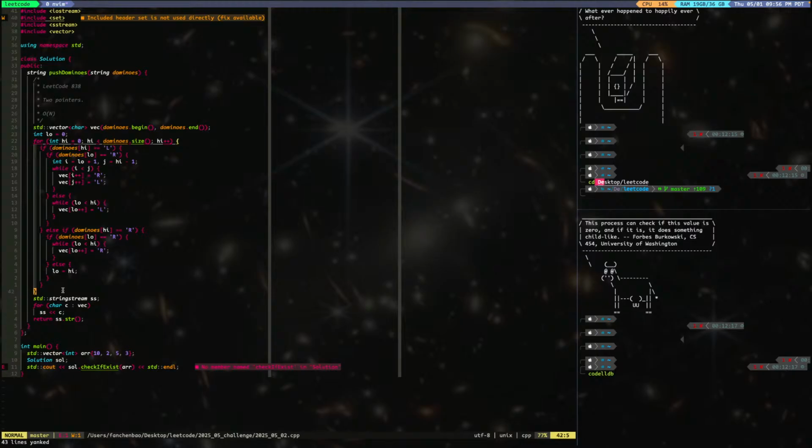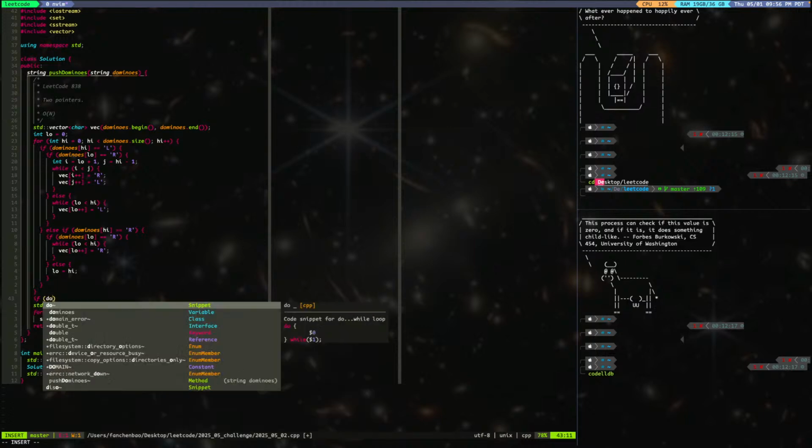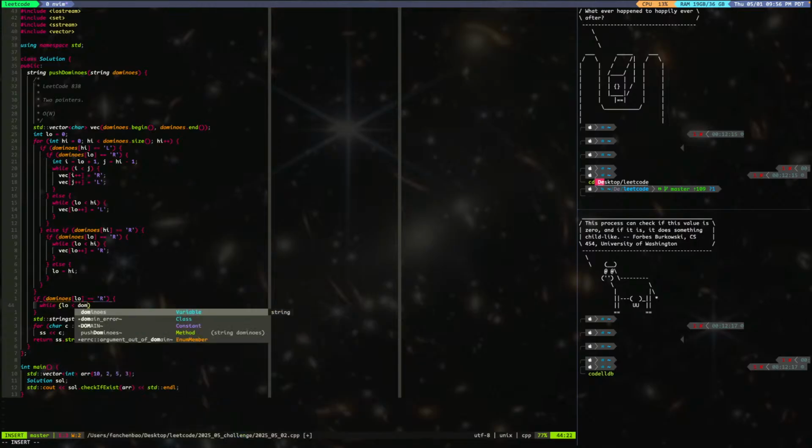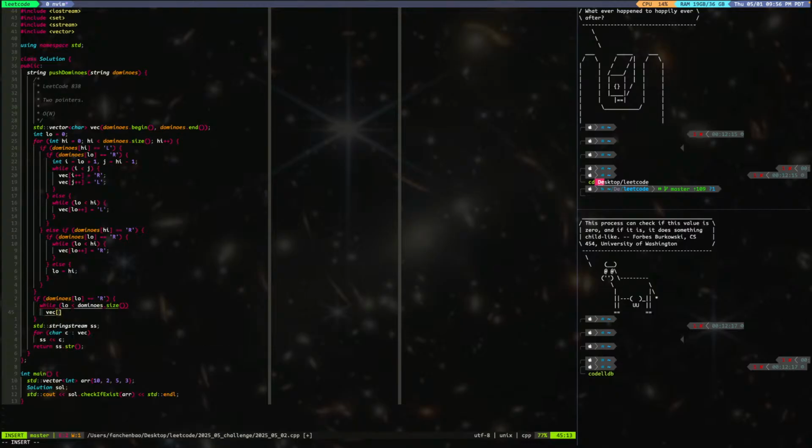Yeah, we just check if dominoes low is equal to R, because if dominoes low is equal to L, nothing needs to change. Then I say while low is smaller than dominoes dot size, vec low plus plus equal to R. And then we do all this.